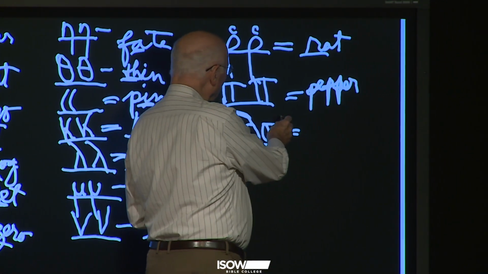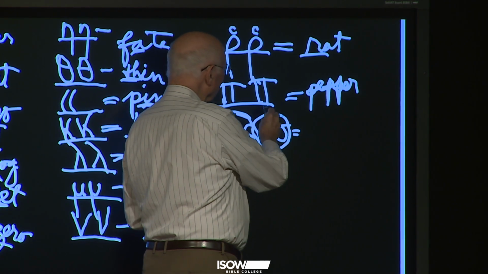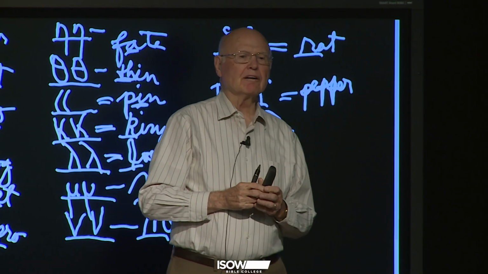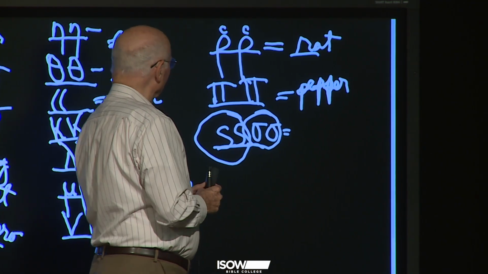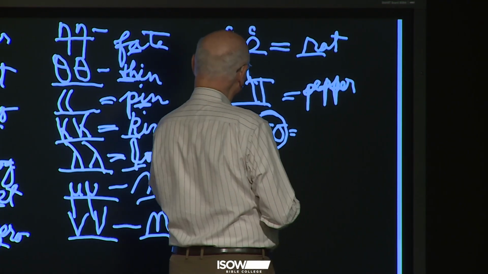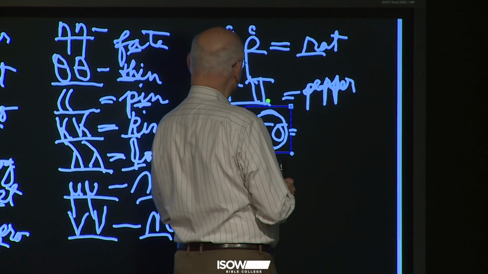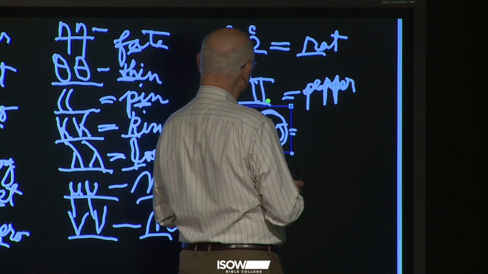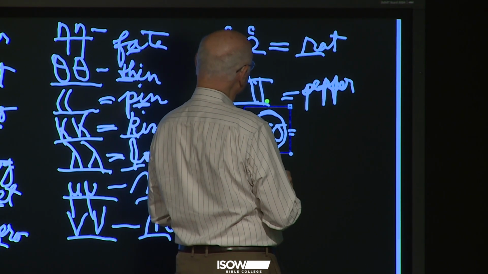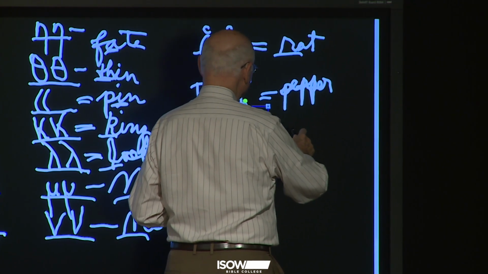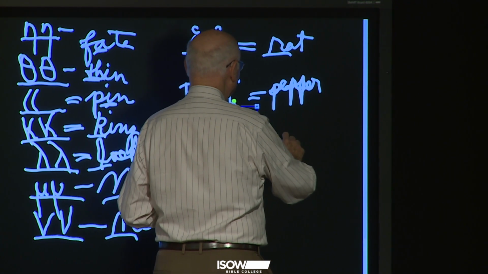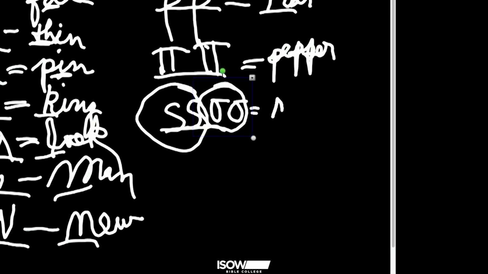When it is formed like this, it will be the first letter of the word. This is the sigma, and it's pronounced like the S in sin.